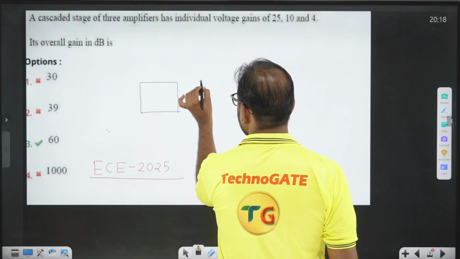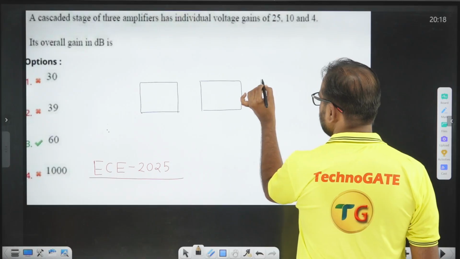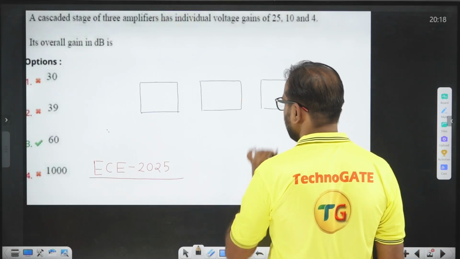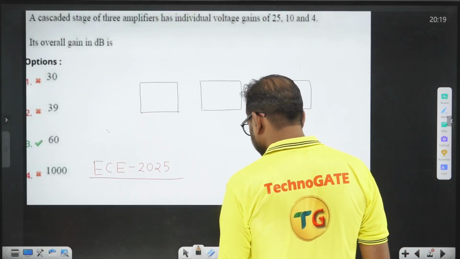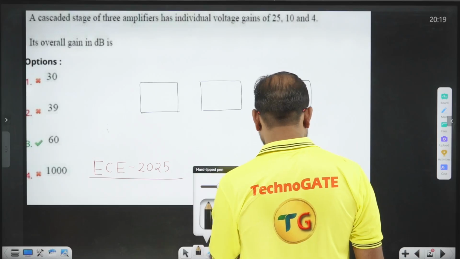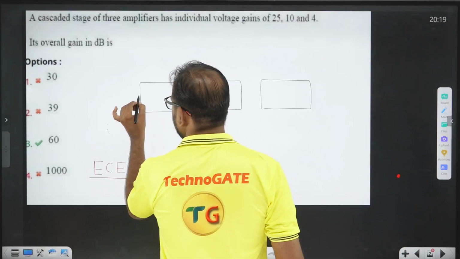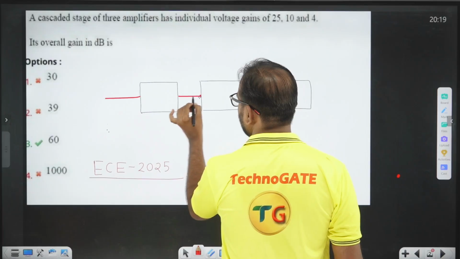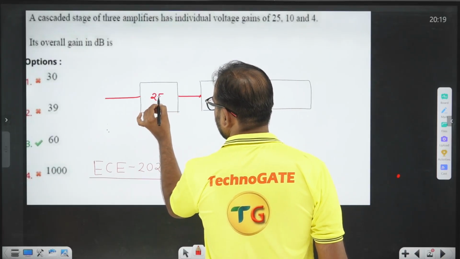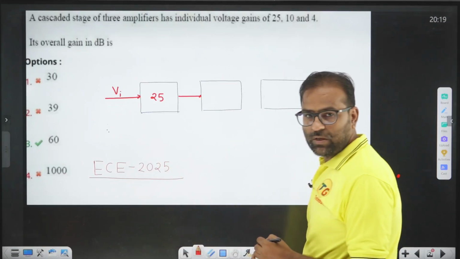This is amplifier number 1, this is amplifier number 2 and this is amplifier number 3. Now what this amplifier is saying, this value is 25, means if this is my input Vi, this value is 25.